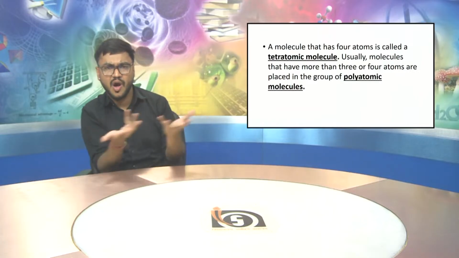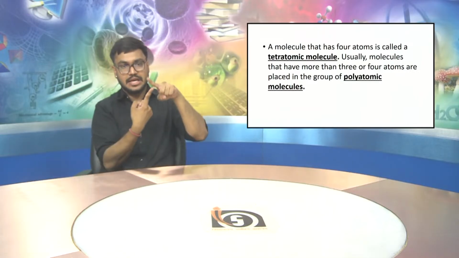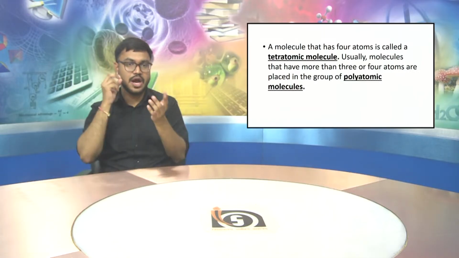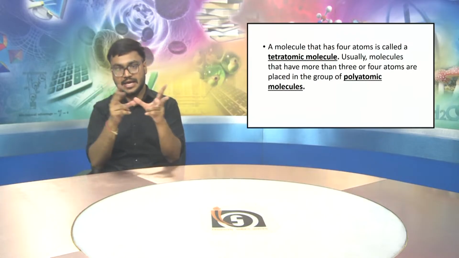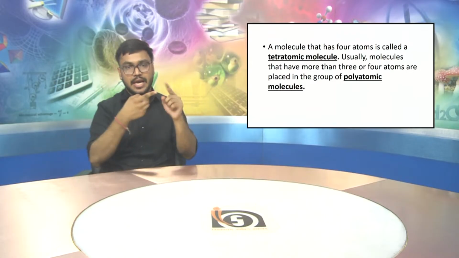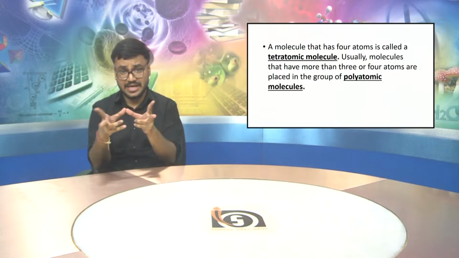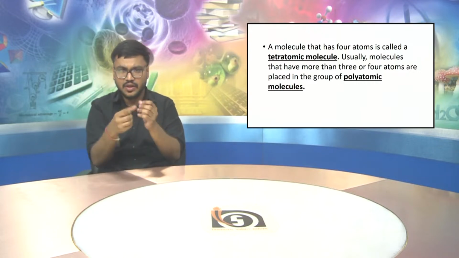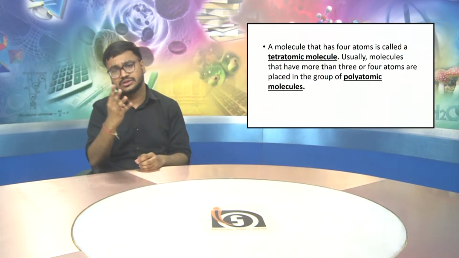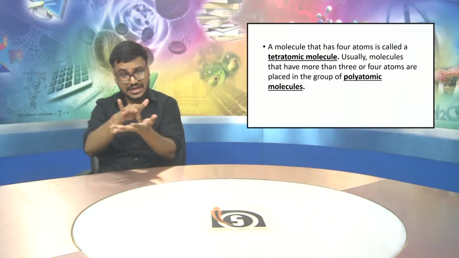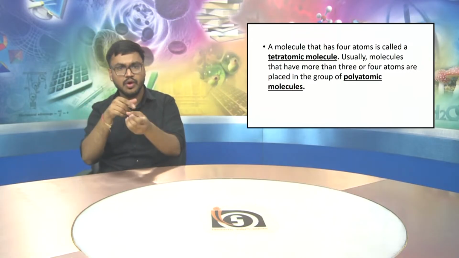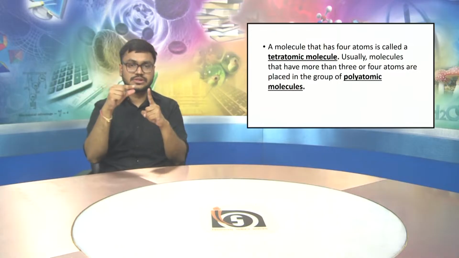A molecule that has 4 atoms is called a tetratomic molecule. And usually molecules that have more than 3 or 4 atoms are placed in a group of polyatomic molecules.